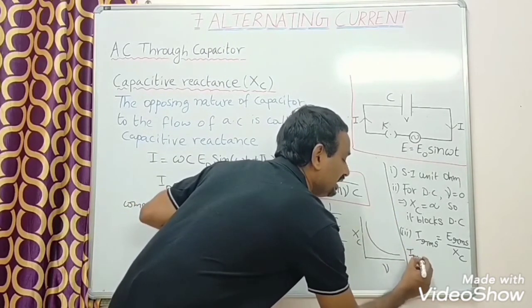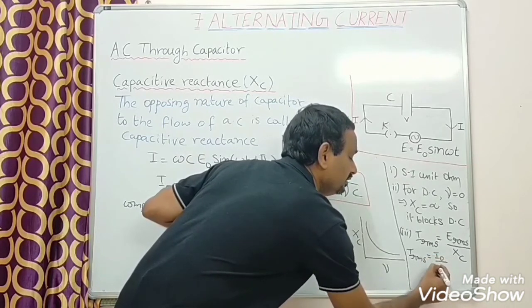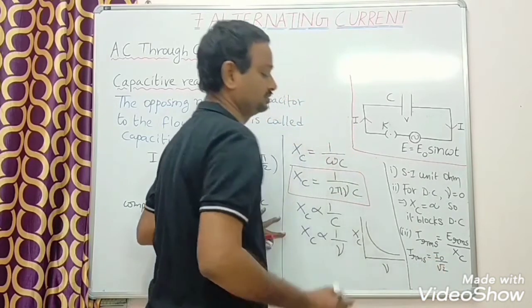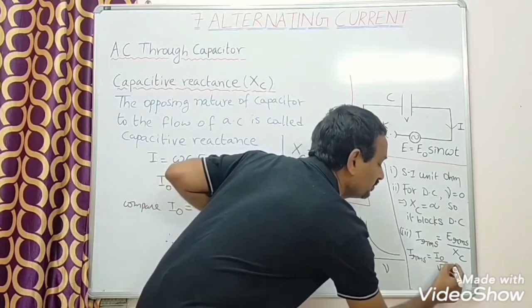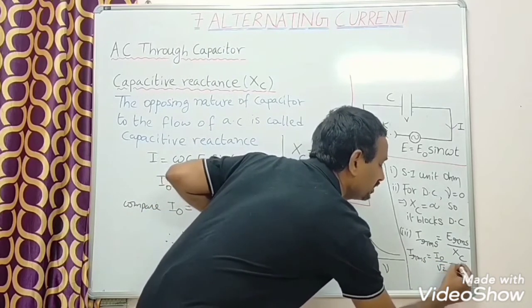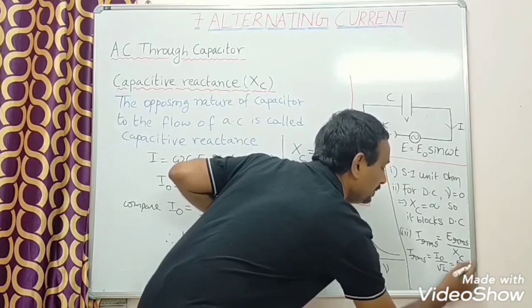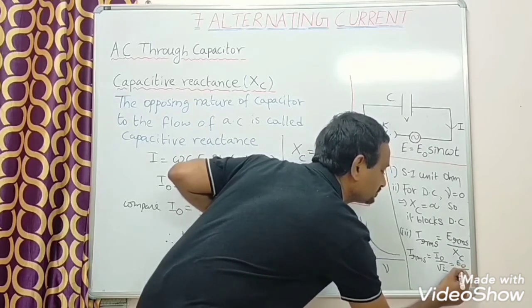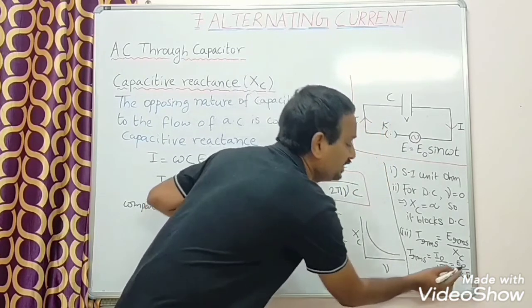I can write IRMS equal to I naught by root 2. Okay. So here I naught means, what can I write? I naught means I can write E naught by 1 by omega C, root 2. Okay.